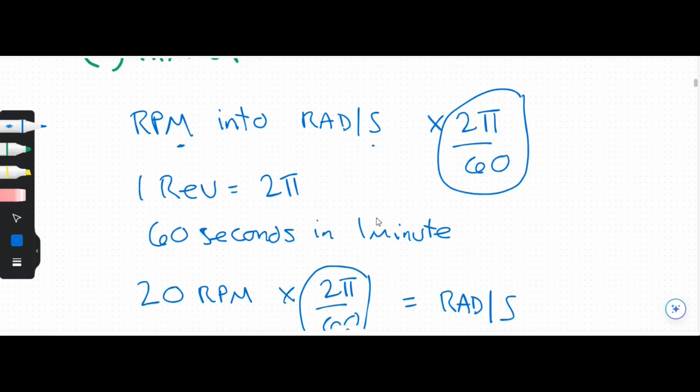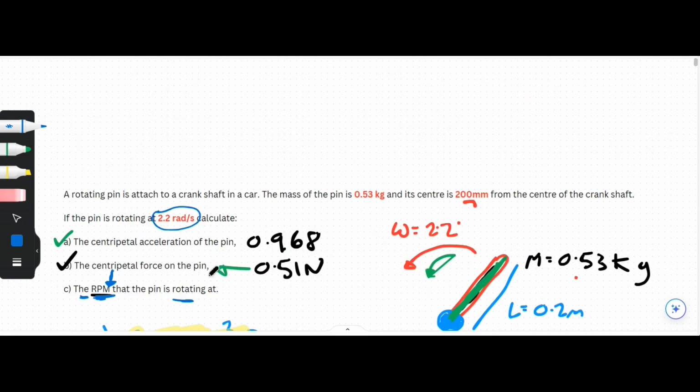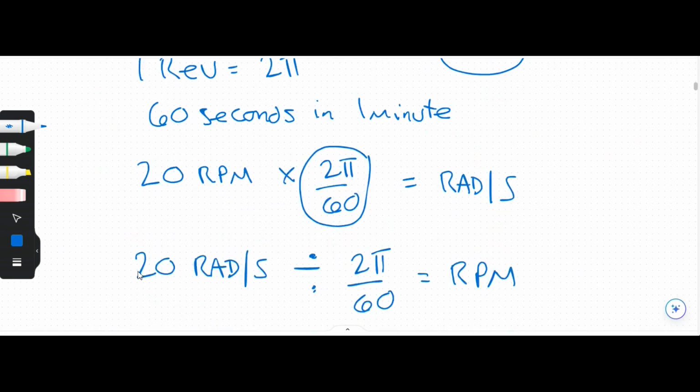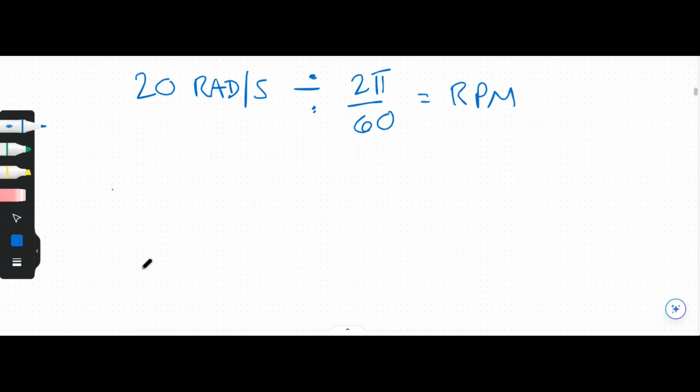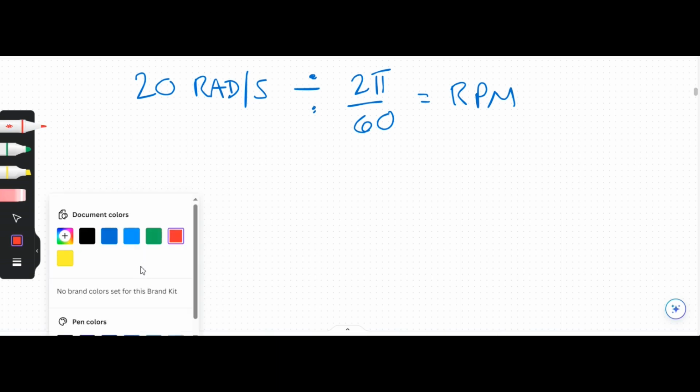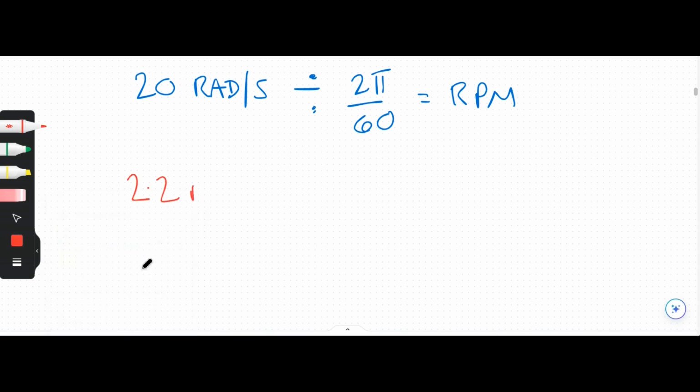So what have we got? We've got something rotating at 2.2 rads per second. So we want to go from rads per second to RPM. So we've got 2.2 radians per second, and we want to go into RPM.